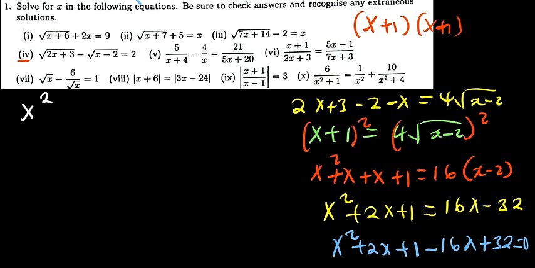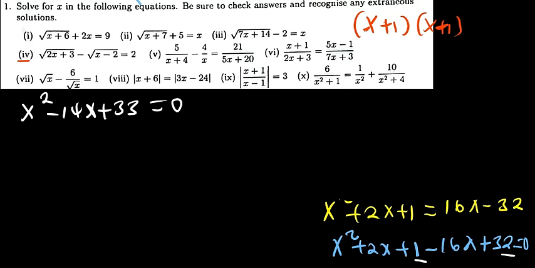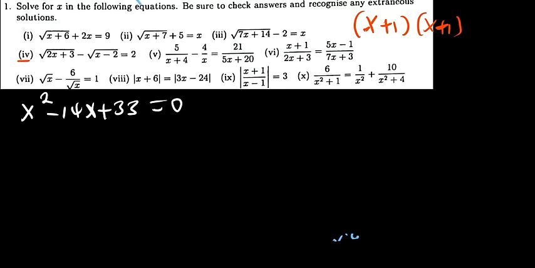So now I'm remaining with 2x minus 16x, that is going to give me negative 14x. Then 1 plus 32, which gives me 33, should be equal to 0. Perfect. Now let's get rid of this to create space. We can clearly see that our product in this case is 33 and our sum is negative 14.